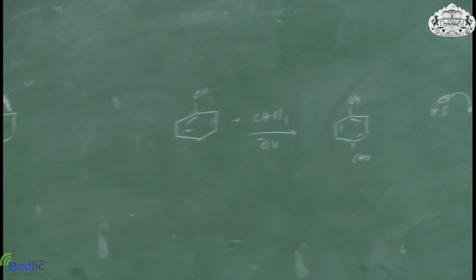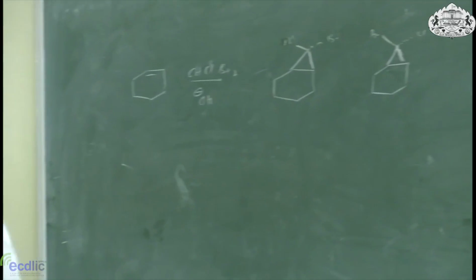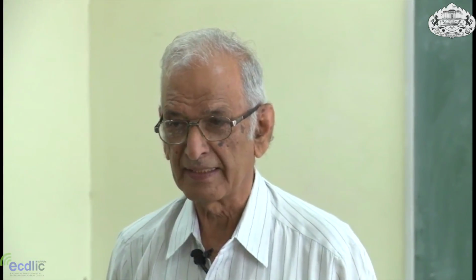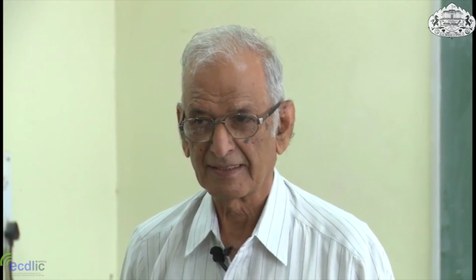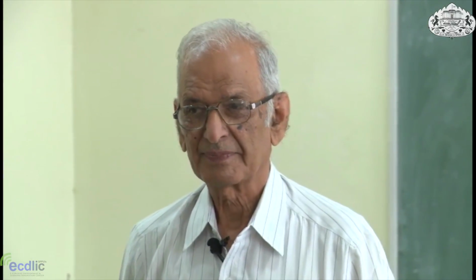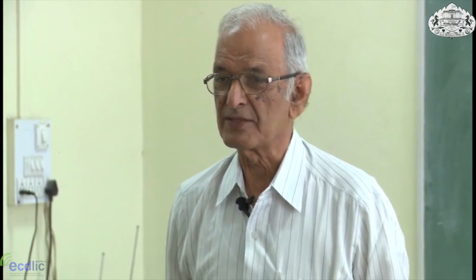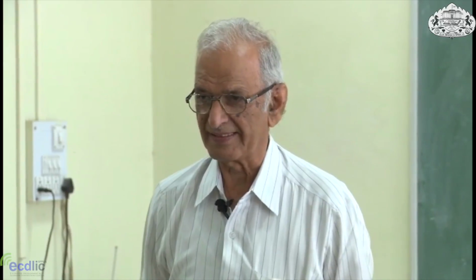If that had been a nitrogen or an oxygen, it cannot form. Why? Because that atom has more than 8 electrons. But if that atom is chlorine, it can form. Why? Because chlorine has vacant d orbitals.